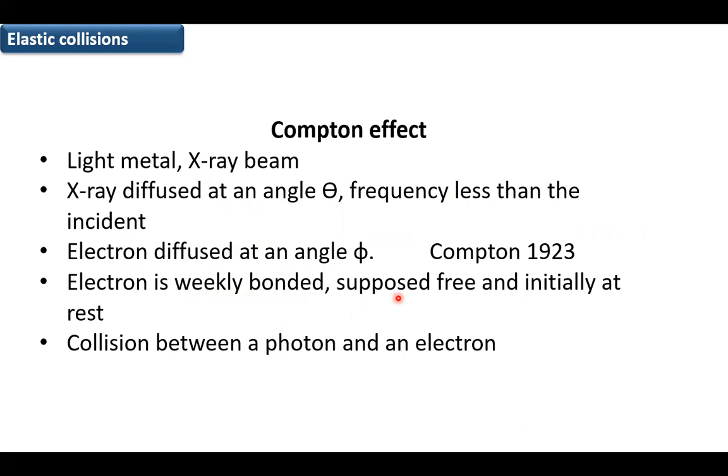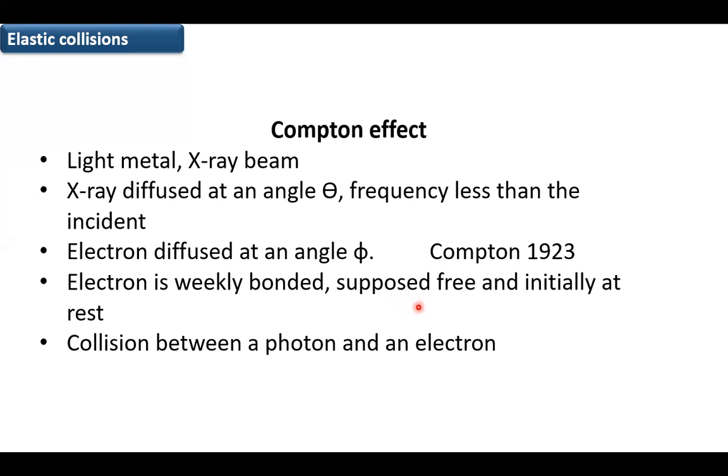Why do we consider them at rest? Because you know electrons circulate around the nucleus of their atoms. They circulate around a point that is the nucleus of the atom.